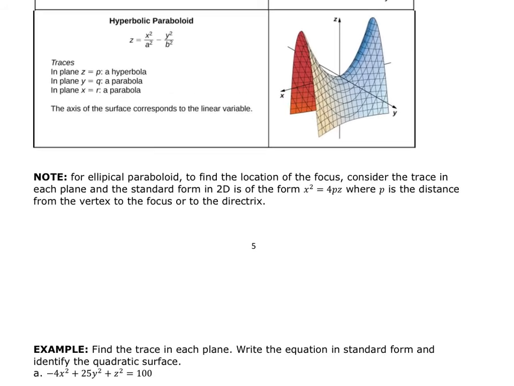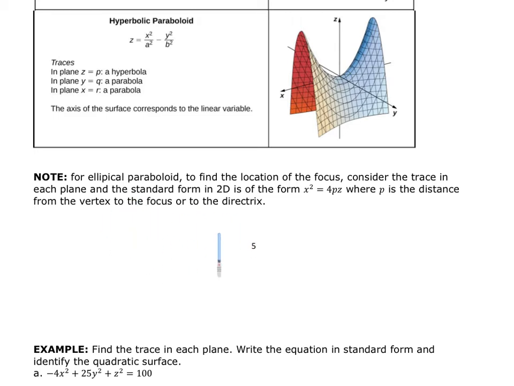So for elliptical paraboloids, to find the location of the focus, you want to consider the trace in each plane and the standard form in 2D. The standard form in 2D would have been if it was x squared, it would have been x squared is equal to 4pz, where p is the distance from the vertex to the focus, or from the vertex to the directrix.